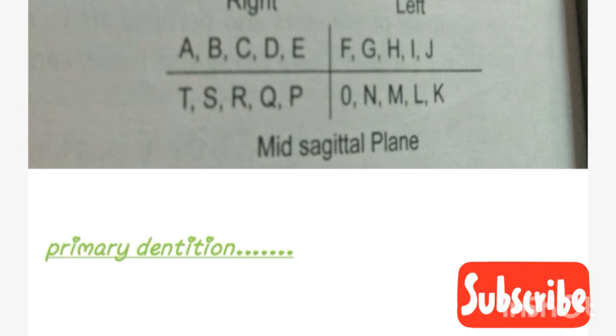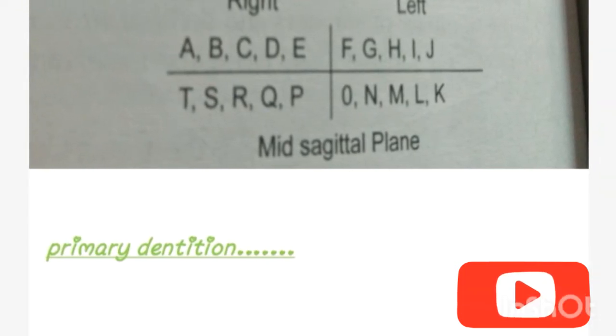Second, each tooth has a different numerical or alphabetical denotation. As you see, A is for the second molar and E is for the central incisor. Verbal communication can be easily done, and it is also compatible with the computer. Now the disadvantages: it is difficult to memorize and needs practice, and graphic visualization is difficult.